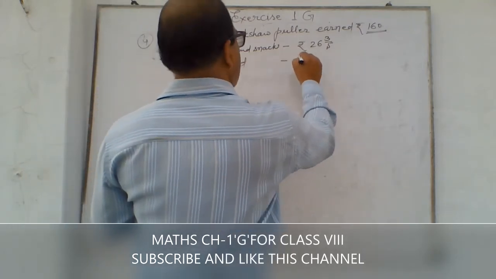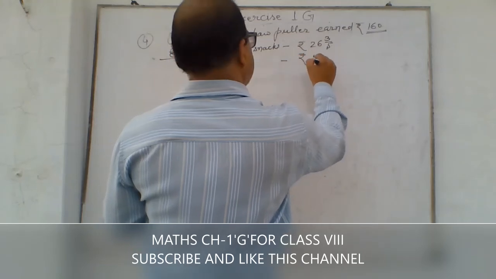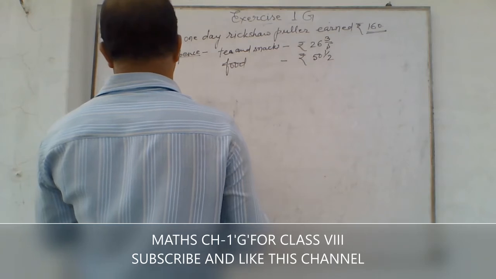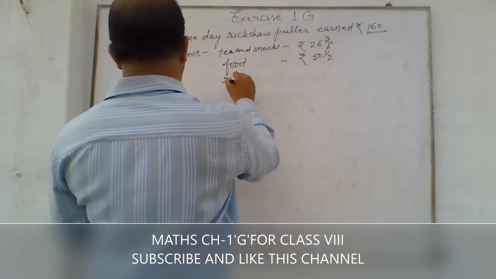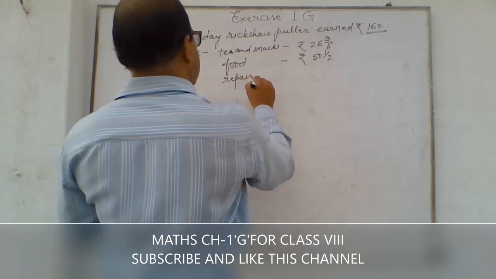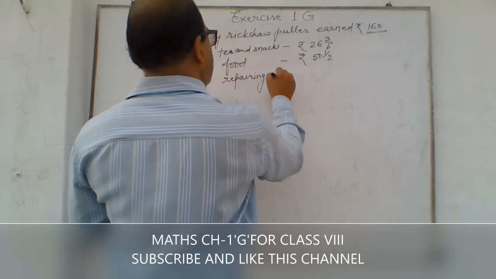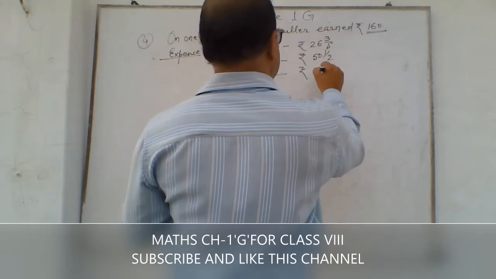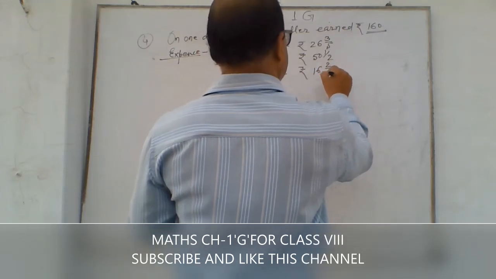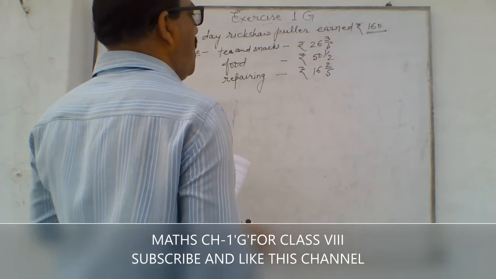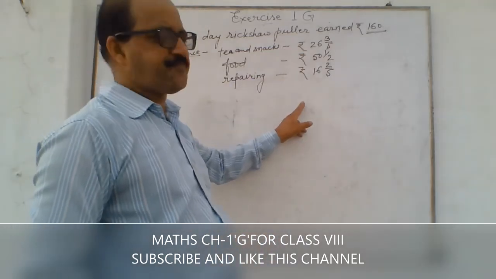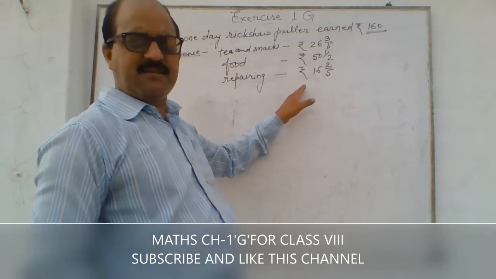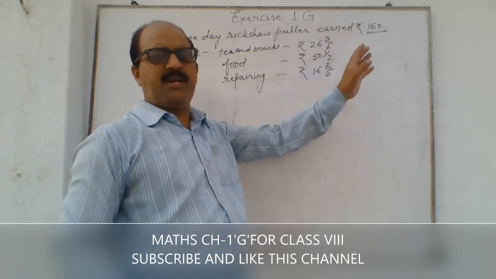On food, 50 whole 1 by 2, and on repairing the rickshaw, he spent 16 whole 2 by 5. All these are the expense of him. You have to collect all three items, then subtract from 160.